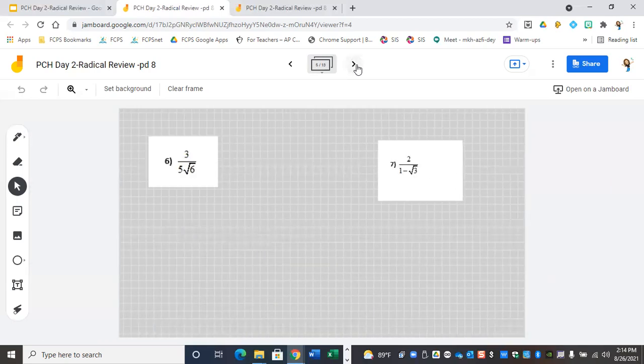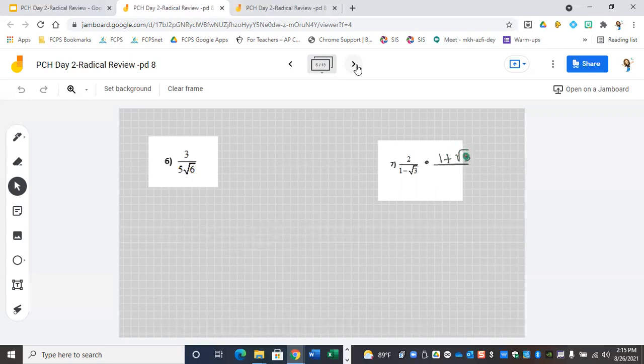Let's take a look at problem number 7. Notice number 7 is an example where you've got a binomial in the denominator. It's different than all the others because you have the subtraction sign in the denominator. So this is where you have to multiply the numerator and denominator by the conjugate. The conjugate of 1 minus square root 3, you just change that subtraction sign into an addition sign.